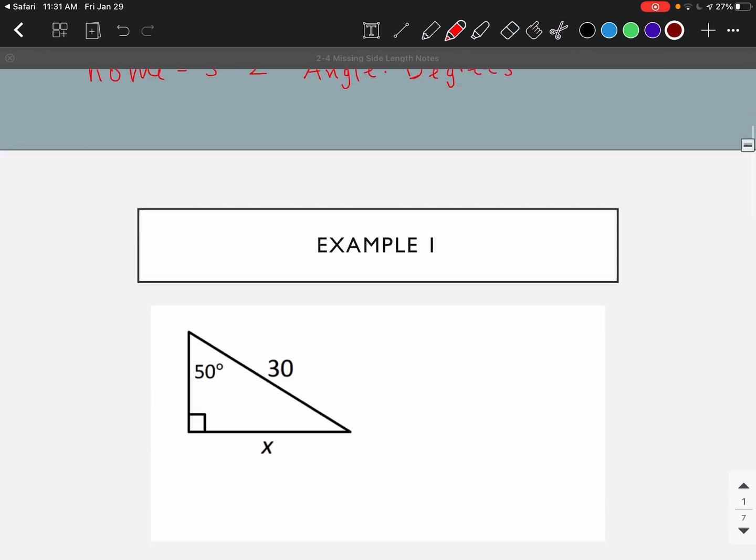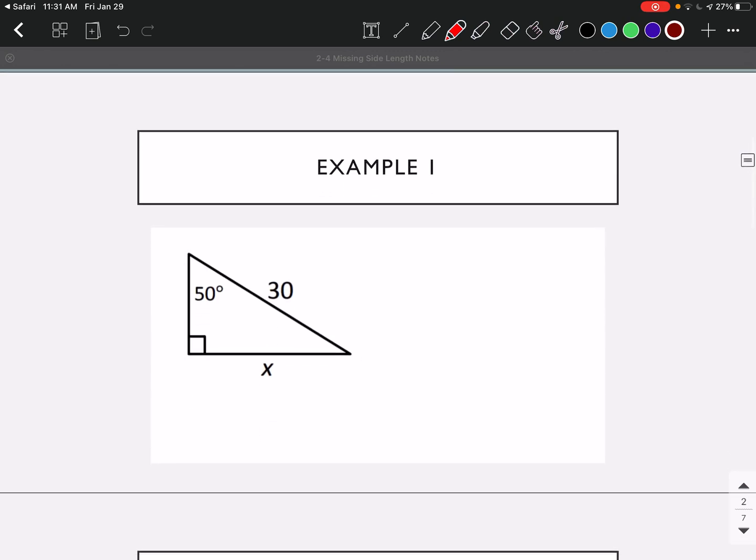So here is our first example, and I'll also go through how we'll type it in the calculator. I have my angle of 50, and I have this side length across, or opposite, and I also have my hypotenuse, which is 30. If we remember from yesterday, we have SOH, which is sine opposite hypotenuse.